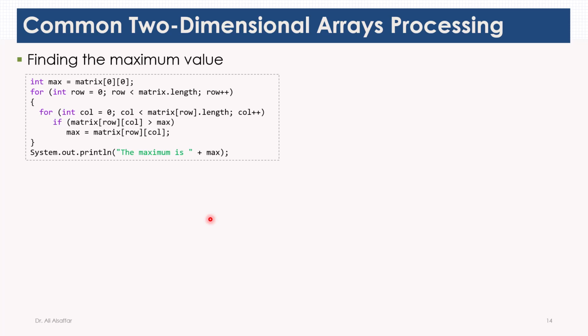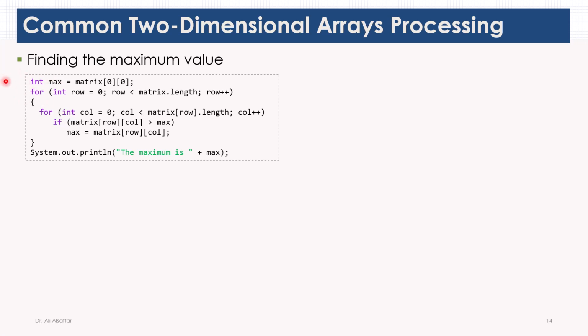Next, common array processing for two-dimensional arrays is how to find the maximum value. For finding the maximum value, it doesn't matter if you process the array row by row or column by column. And here in this listing, we are processing the array row by row, because the outer loop is counting the number of rows, and the inner loop is counting the number of columns. So how to find the maximum number in the whole array? You assign a variable, you call it max.